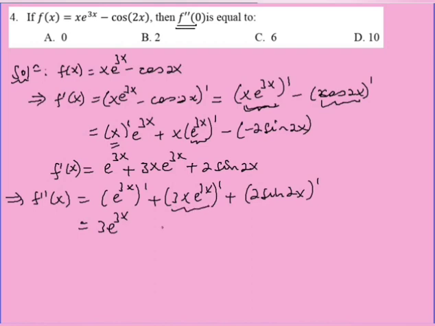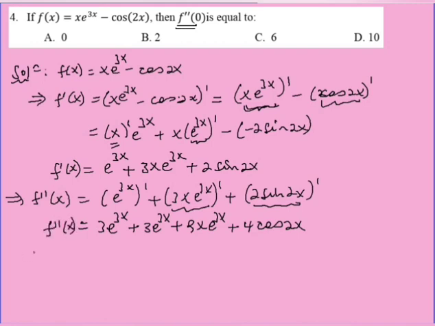Here we will apply the product rule. So it becomes 3 times e to the power of 3x plus 9x times e to the power of 3x plus the derivative of this one, which is 4 cos 2x.